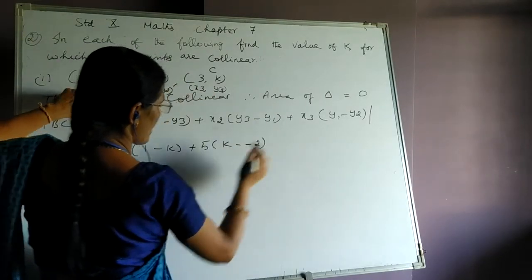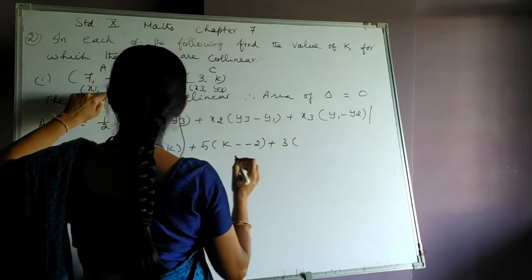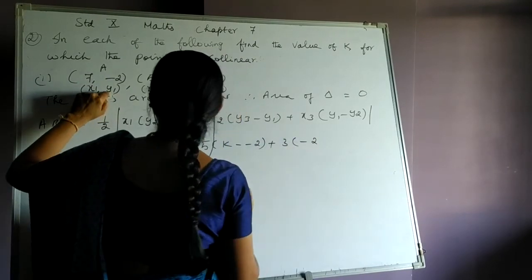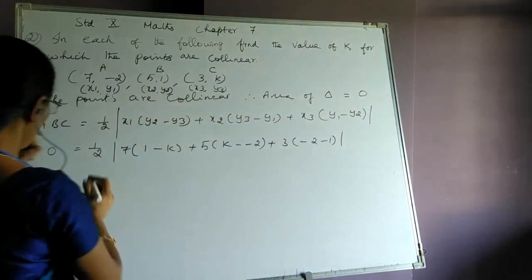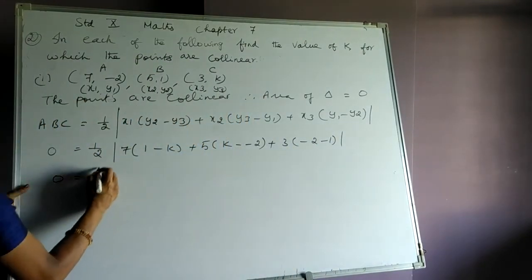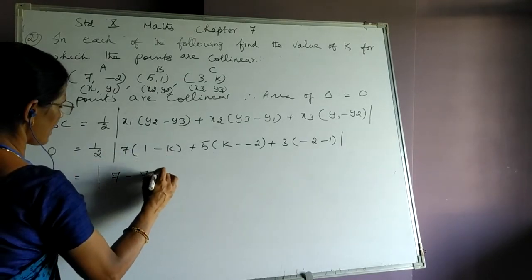What is the area of the triangle ABC? It is half modulus of x1 into (y2 minus y3) plus x2 (y3 minus y1) plus x3 (y1 minus y2). We should remember the formula. It is half.